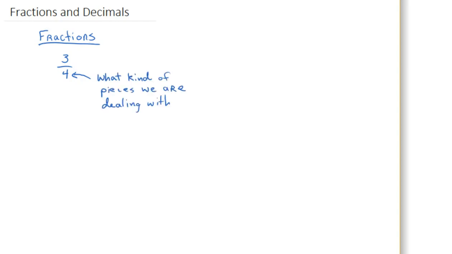The top number tells us how many of those pieces we have. The mathy word for the top number is the numerator, and the mathy word for the bottom number is the denominator. You can think that the top number is enumerating how many pieces we have. The denominator, the bottom number, is telling us what denomination those pieces are.